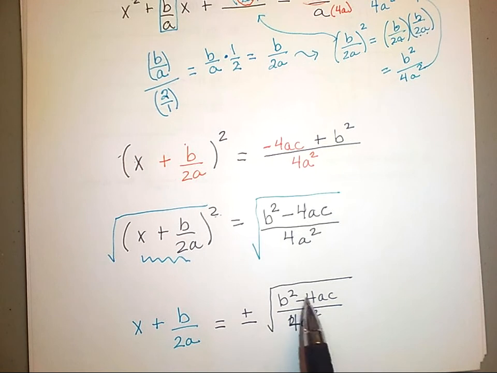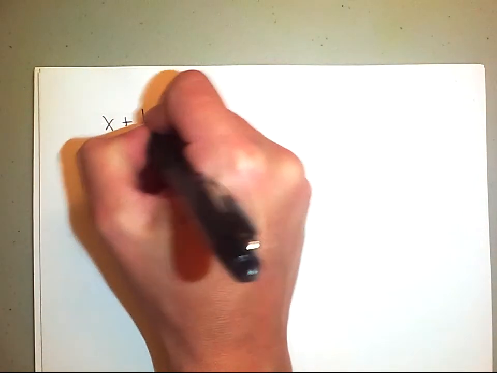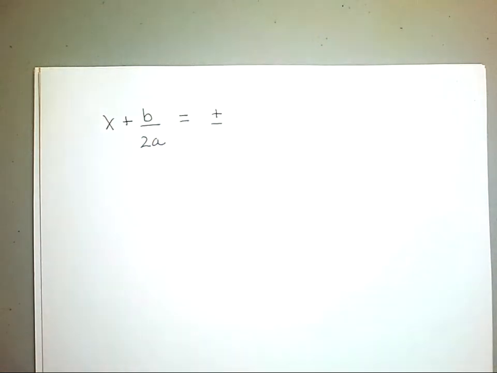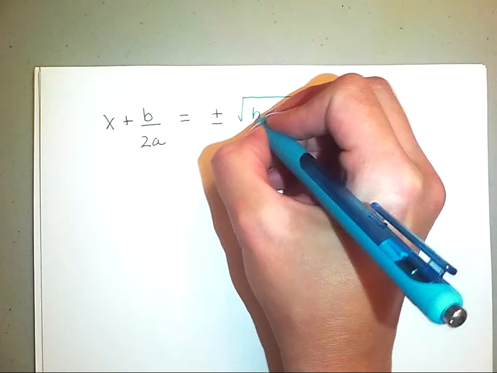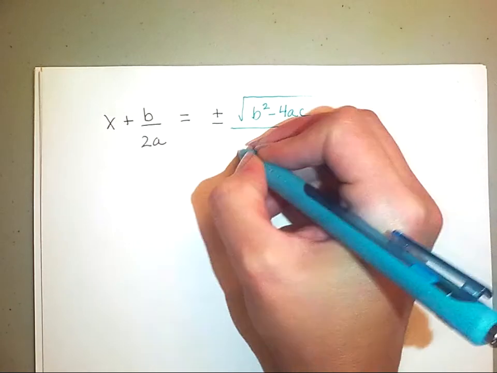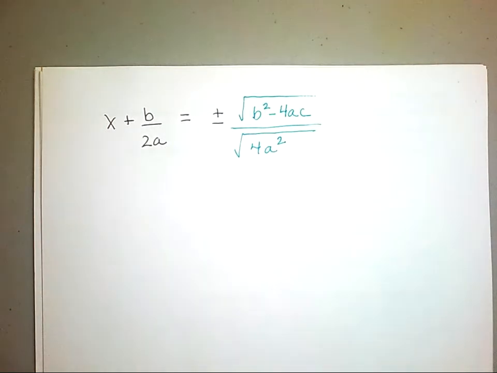Now, let's split this radical up because 4a squared is a perfect square. So in the next step, we have x plus b over 2a, just copying the left-hand side, must be equal to plus or minus the square root of the numerator, which is b squared minus 4ac, divided by the square root of the denominator, which is 4a squared.